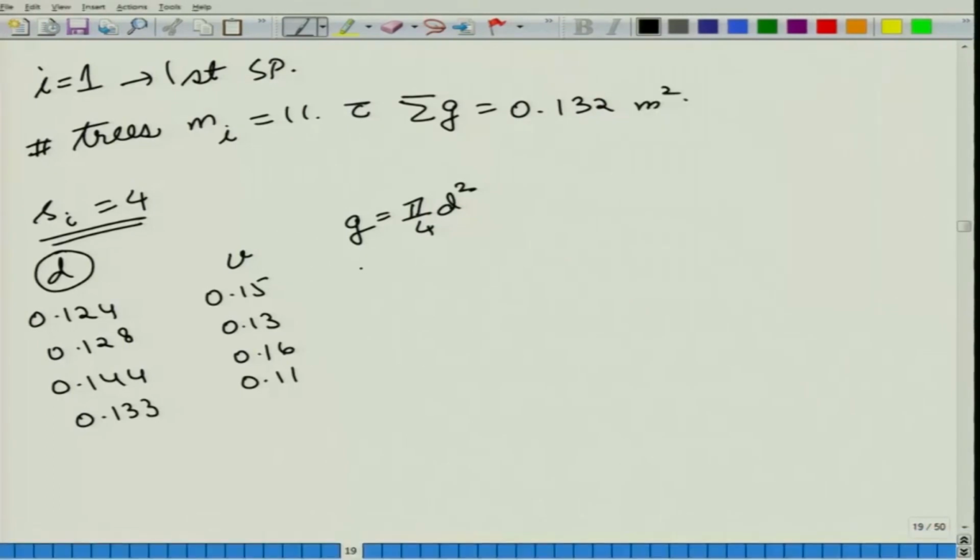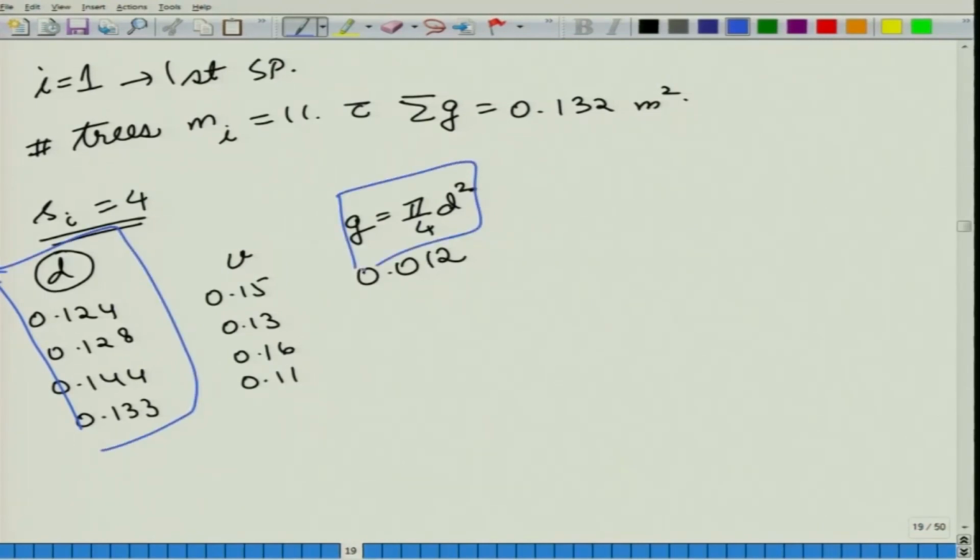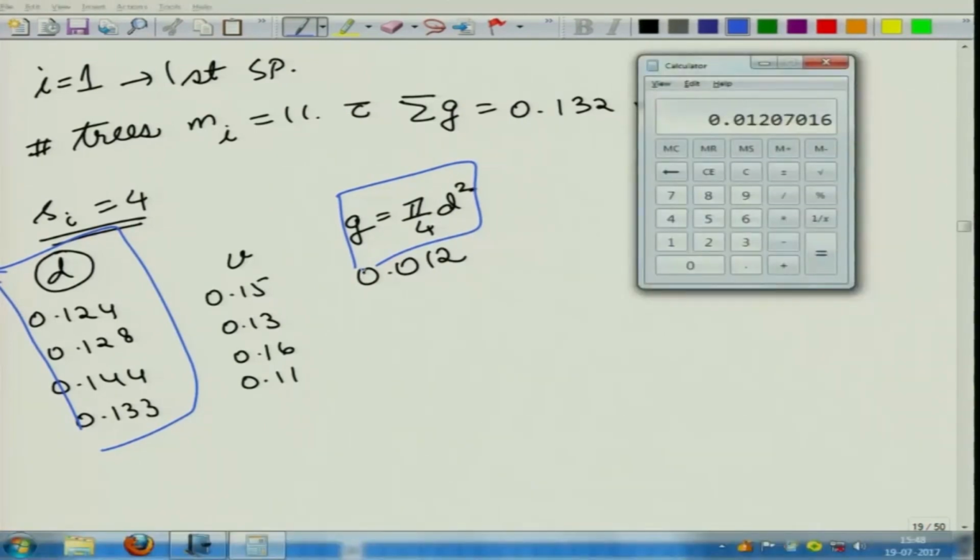So, when we are computing this, we are only looking at the column for the diameter, and we are getting the g values. For the second one, you have 3.14 by 4 into 0.128 into 0.128, which is 0.013.